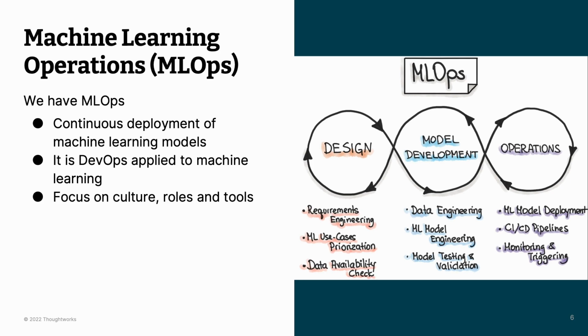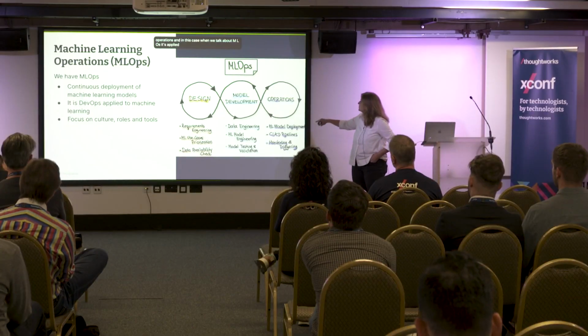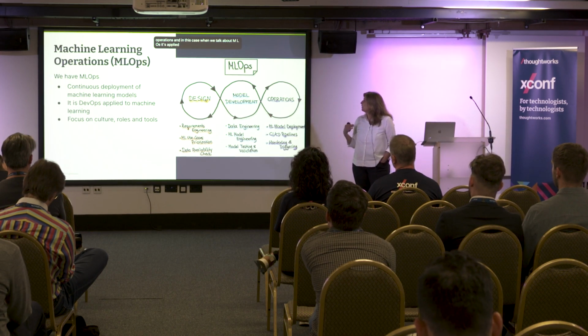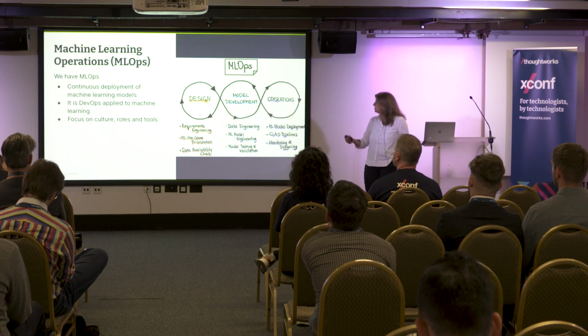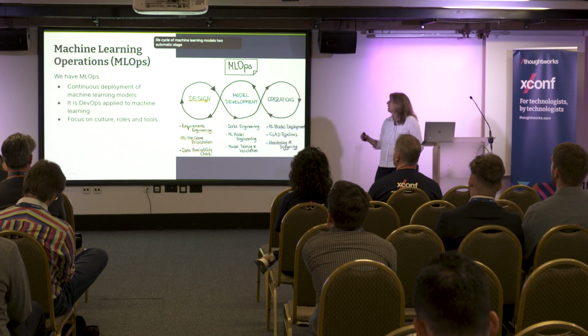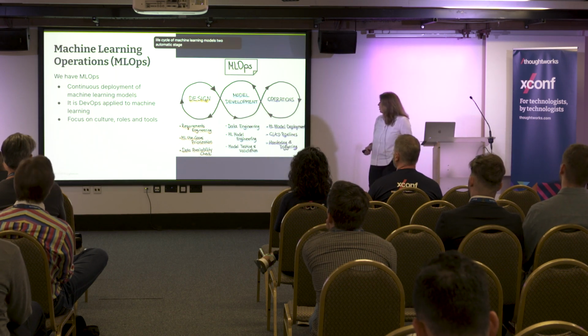We need continuous deployment for this life cycle of machine learning models to automate the stages of designing machine learning models, developing them, putting them in production, and then operating and monitoring the models.